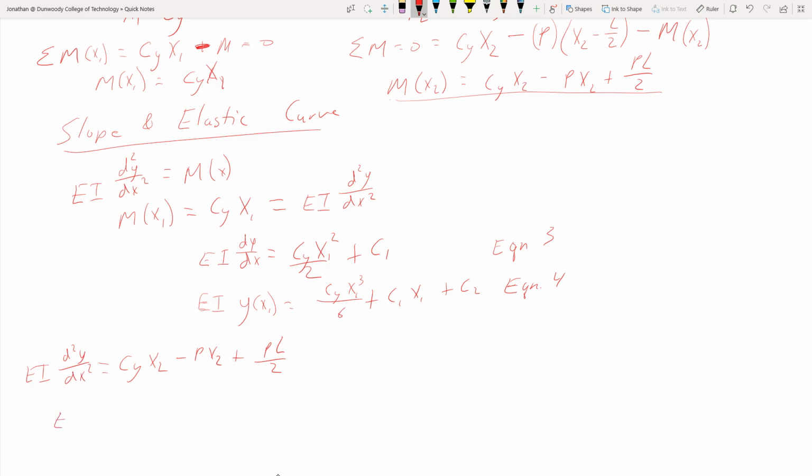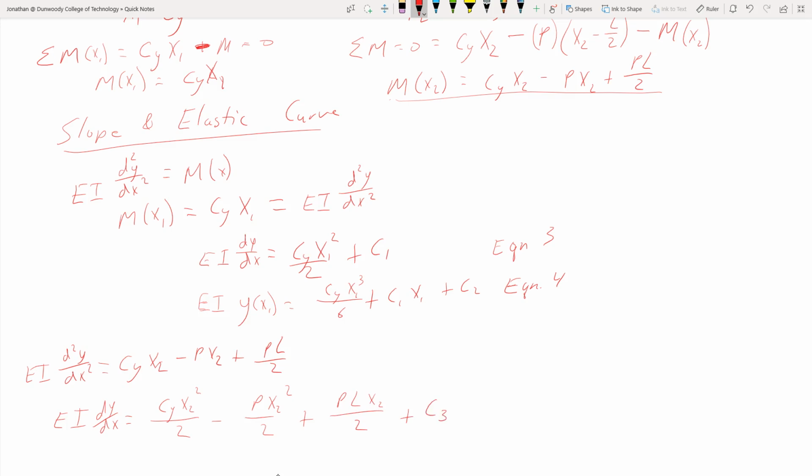So first integration, EI dy/dx equals Cy x2 squared over 2 minus P x2 squared over 2 plus PL x2 over 2 plus c3. So we had c1 and c2 up here.